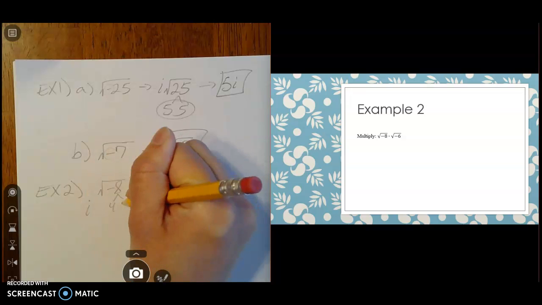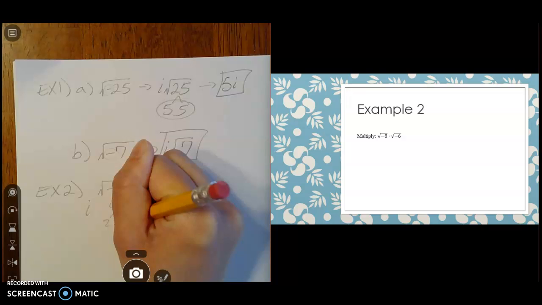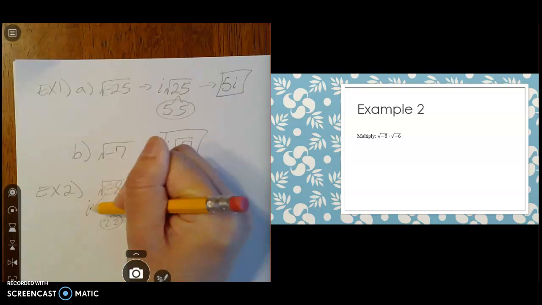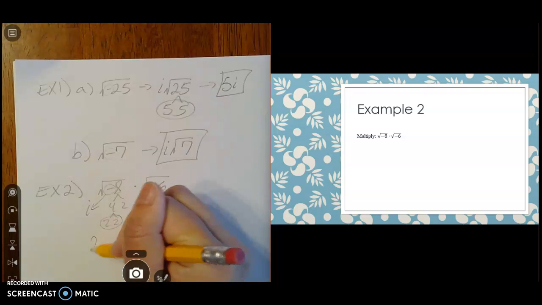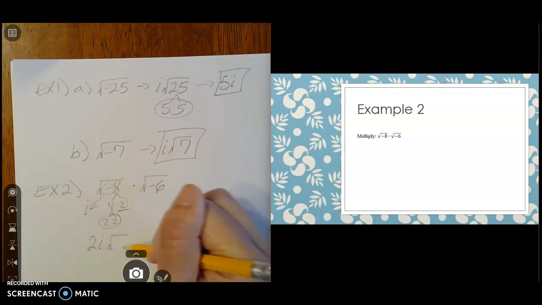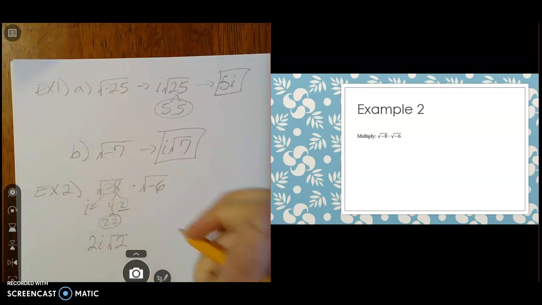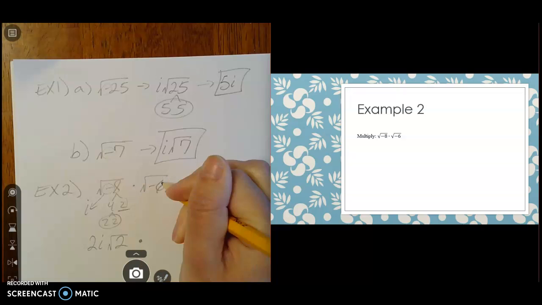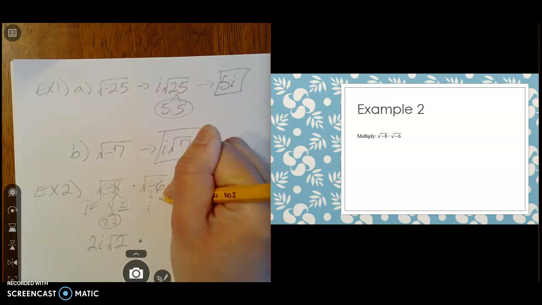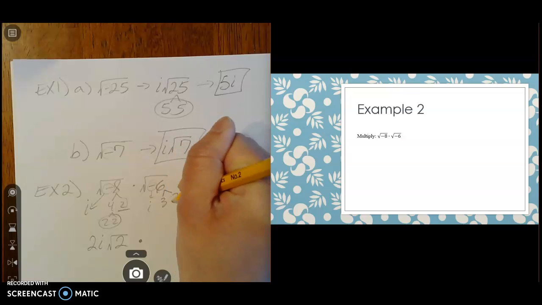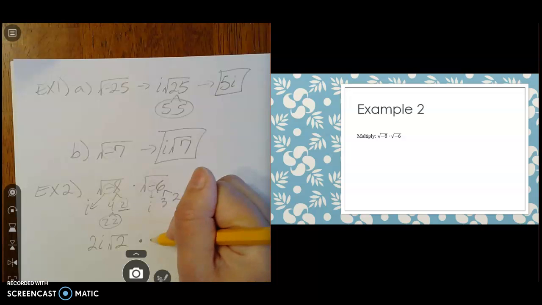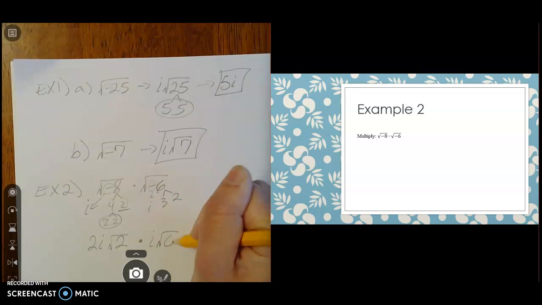Then 8 is 4 times 2, and 4 is 2 times 2. So I can also take out a pair of 2's, okay? So 2 times i would be 2i, square root of this little 2 right here that didn't get put into a group. Okay, and we're going to multiply by the square root of -6. That negative, again, we can pull it out as an i. 6 is 3 times 2, so there's no pairs of 2, no groups to take out. So we're just going to have an i square root of 6.